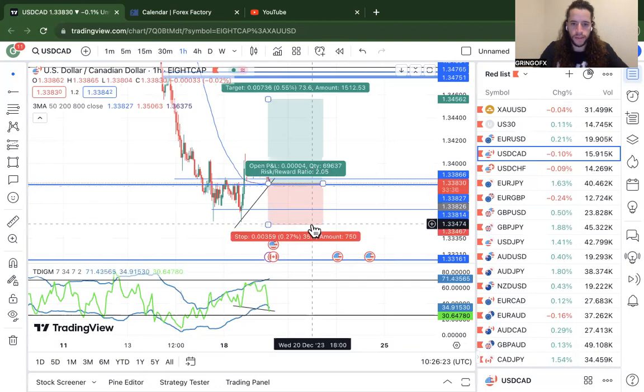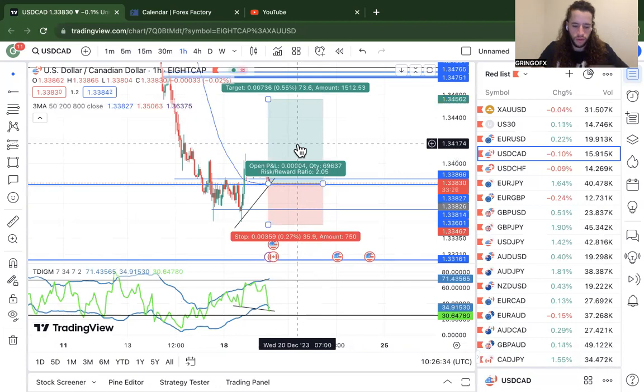Stop right at 1.33475, and then TP at 1.34550.